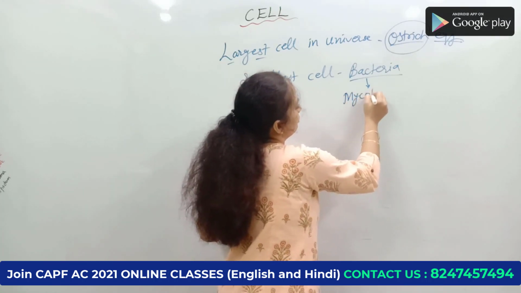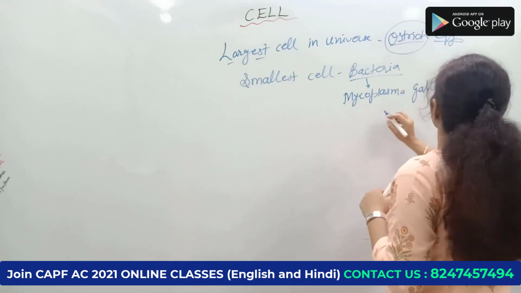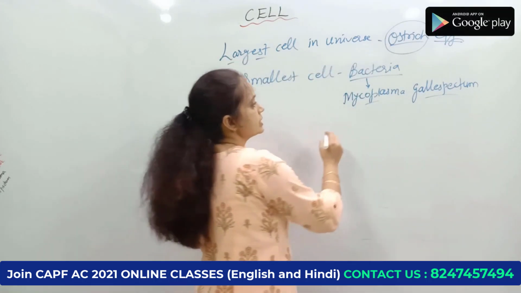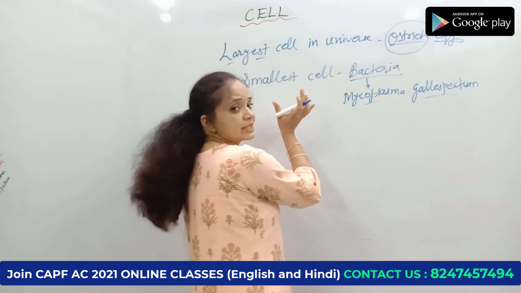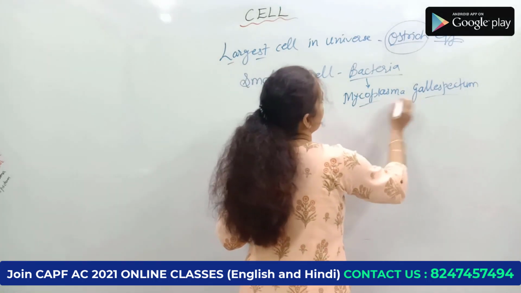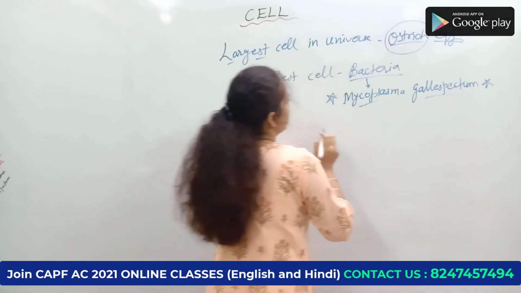Mycoplasma gallisepticum. Mycoplasma gallisepticum is a bacterium which has the smallest cell. This bacterium is made of the smallest cell. This is again a very important point.